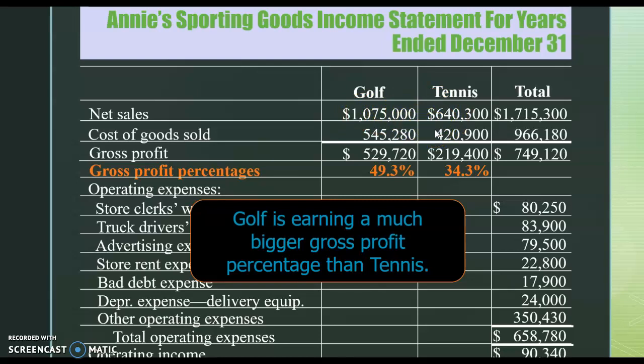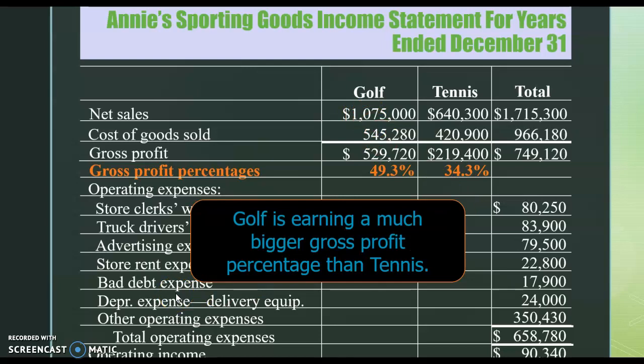It could be that there are decreasing numbers of tennis players, and so we have to sell stuff at more of a discount. And golf is, the golf people are more diehard, and we don't have to discount stuff as much.